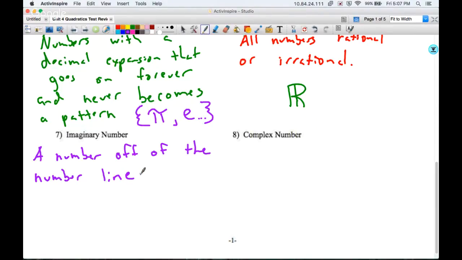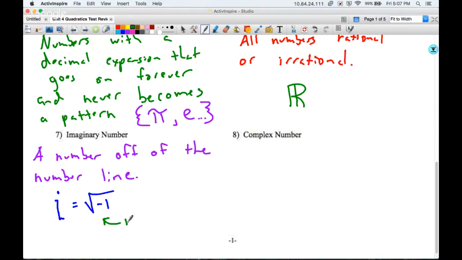We really only use the one imaginary number, i. i is equal to the square root of -1.